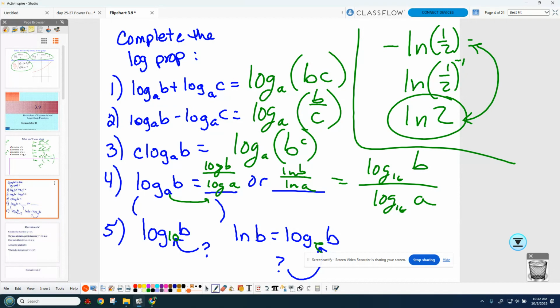So negative natural log of a half is also known as natural log of 2. They didn't intend to be mean, but if you go about it a different way, you might get the other form. So logs, you might need to use your knowledge from algebra 2, I think is where we started these.